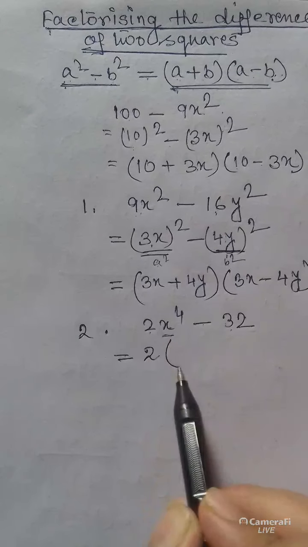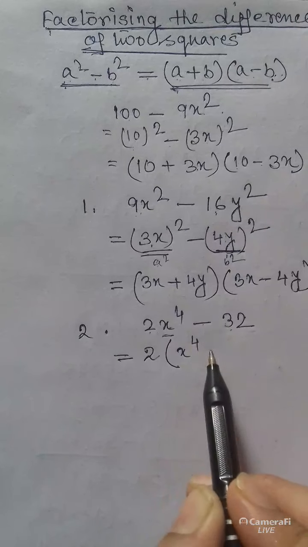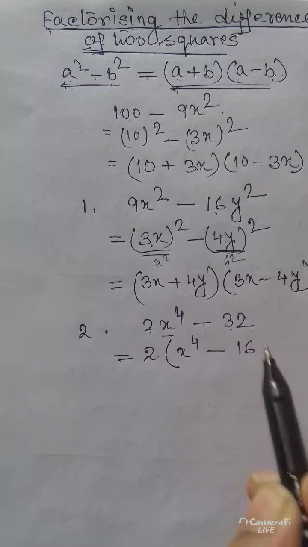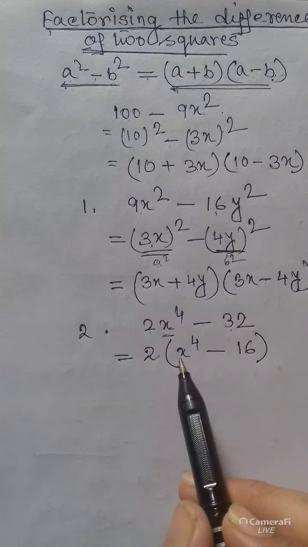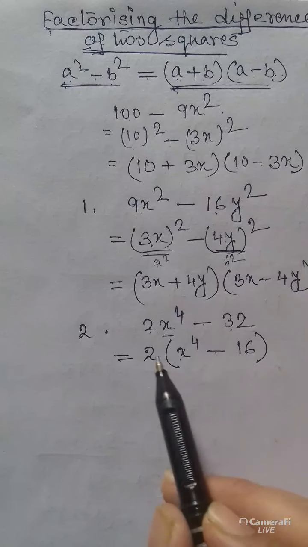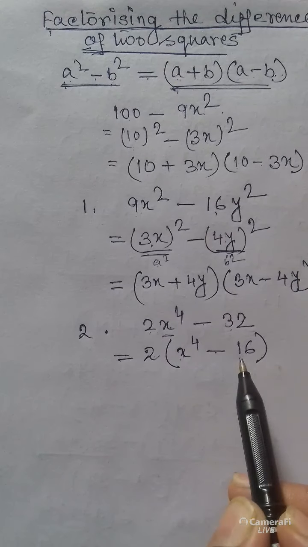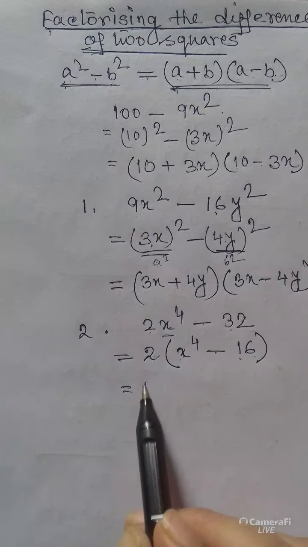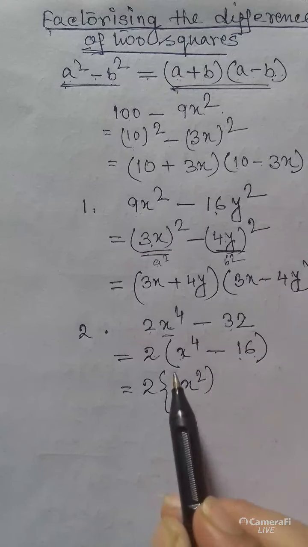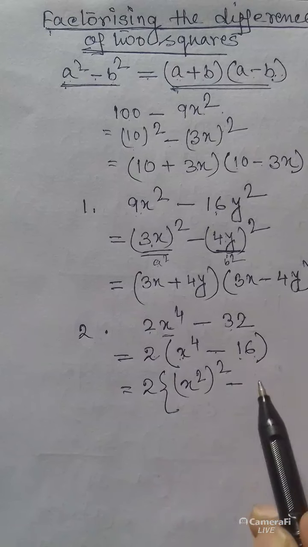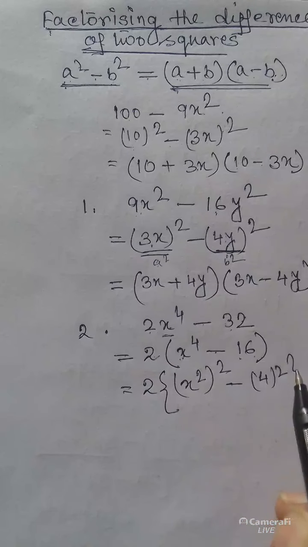If we take common 2, then x to the power 4 minus 16 remains, since 32 divided by 2 is 16. Now x to the power 4 means x square whole square and 16 means 4 whole square.